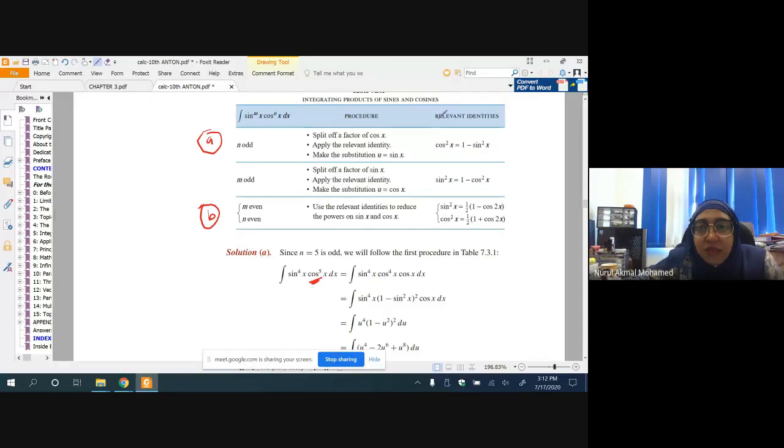And then you have to use the relevant identity, which is this one. So your cos to the power of 4x can be written as (1 minus sine squared x) squared, because this is to the power of 4 and this is to the power of 2, you have to take to the power of 2.